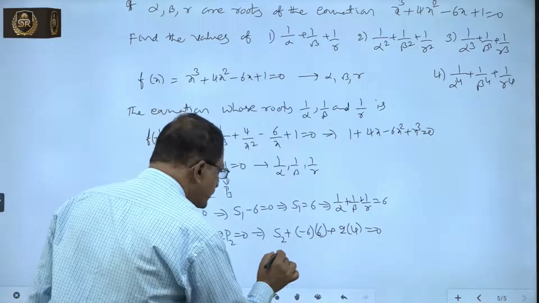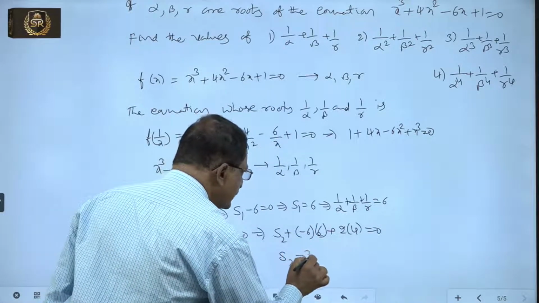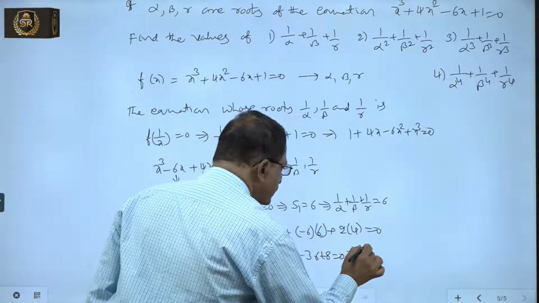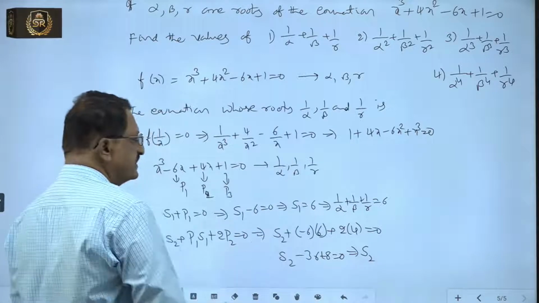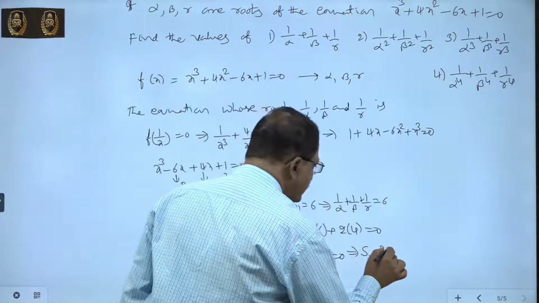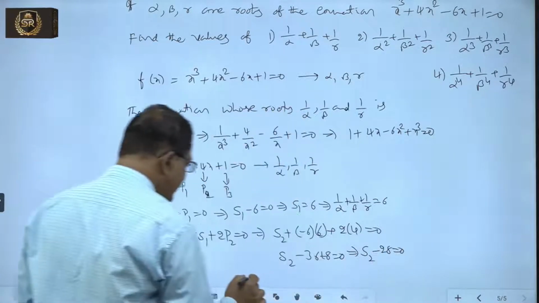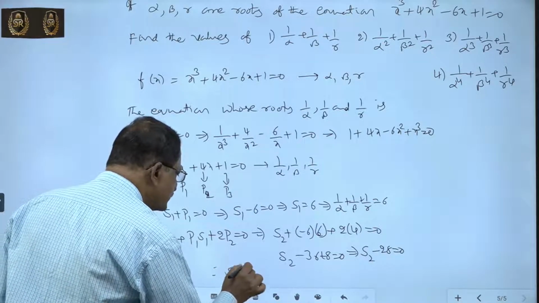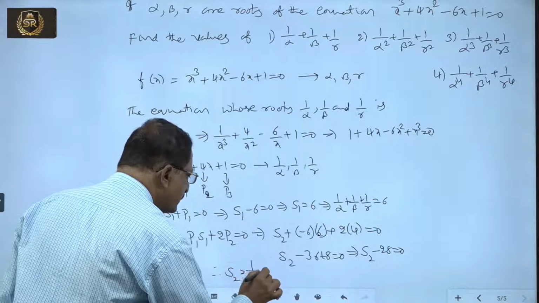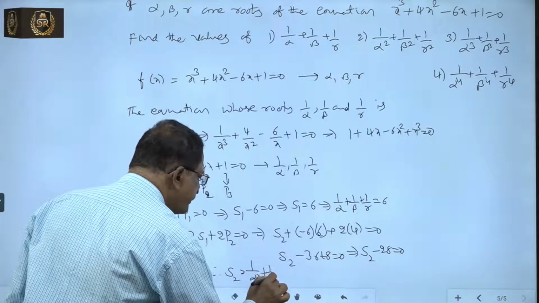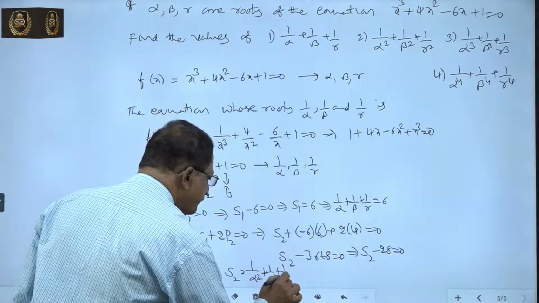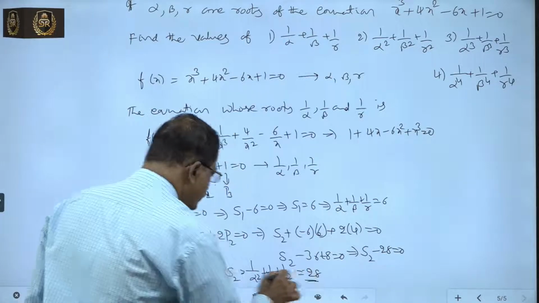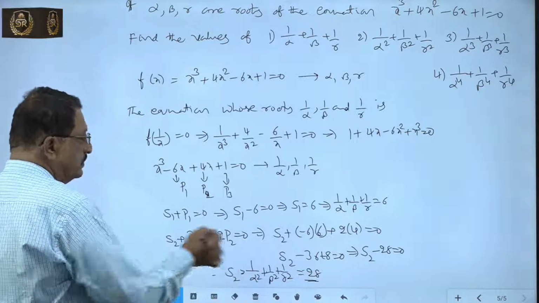Now S2 minus 36 plus 8 equals 0, or S2 minus 28. Therefore S2 equals 28. Here S2 is nothing but 1 by alpha square plus 1 by beta square plus 1 by gamma square equals 28.